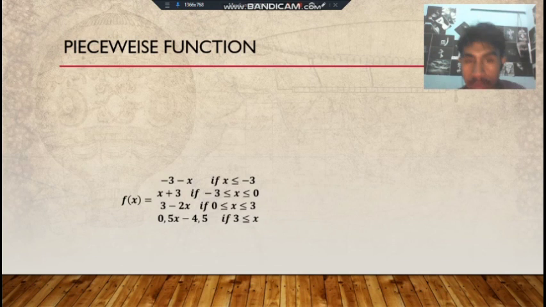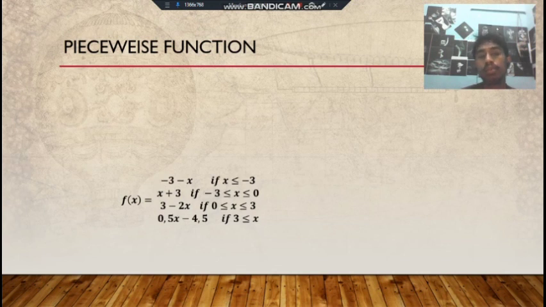Minus 3 minus x if x is less than or equal to minus 3. Next, x plus 3 if minus 3 is less than or equal to x is less than or equal to 0.